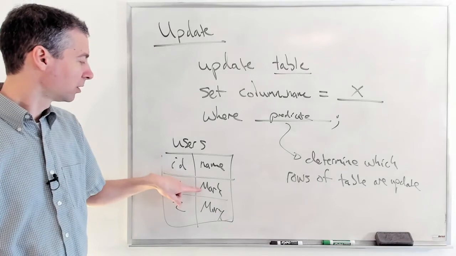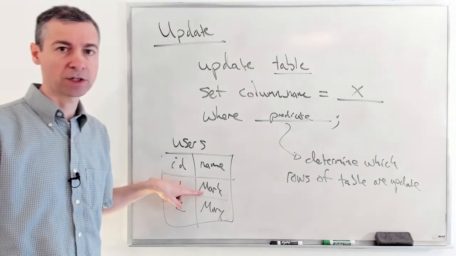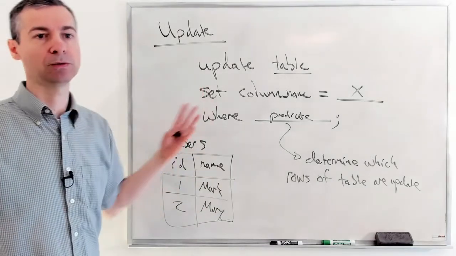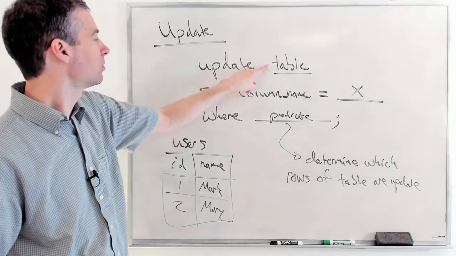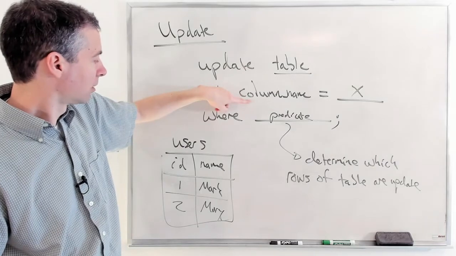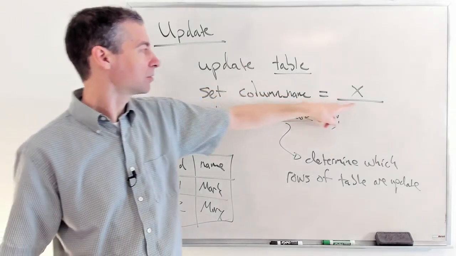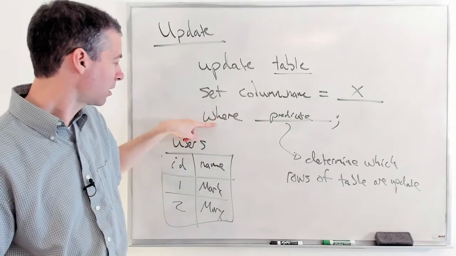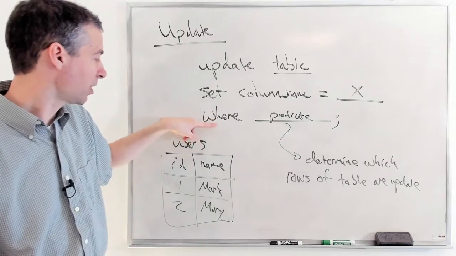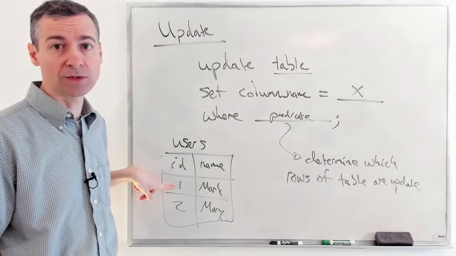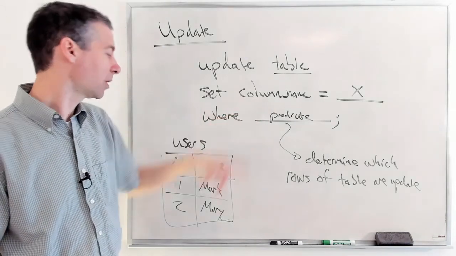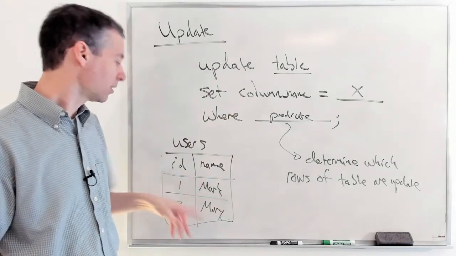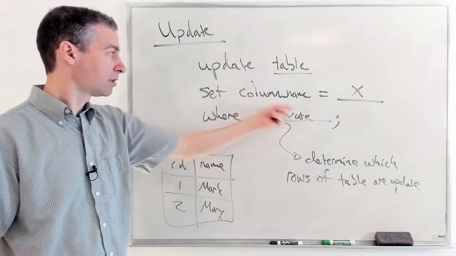So let's say I decide to change my name to Fred. We could update users, set name equal to Fred, where ID equals 1 will be my predicate. I will know the ID of the user I want to update, and I'll change user 1's name.